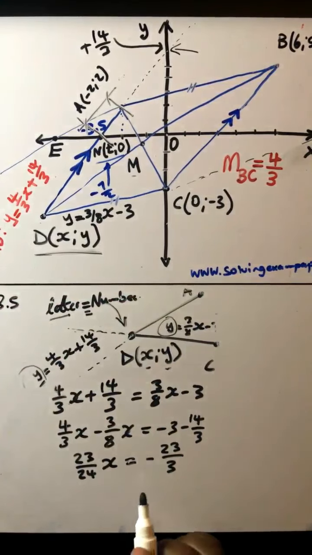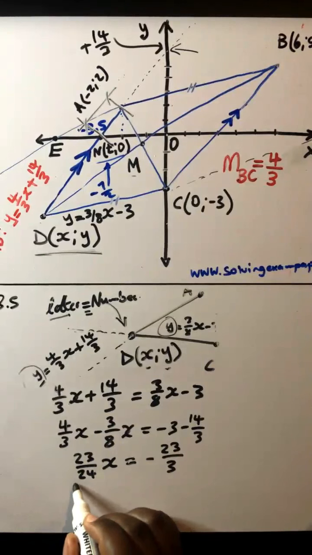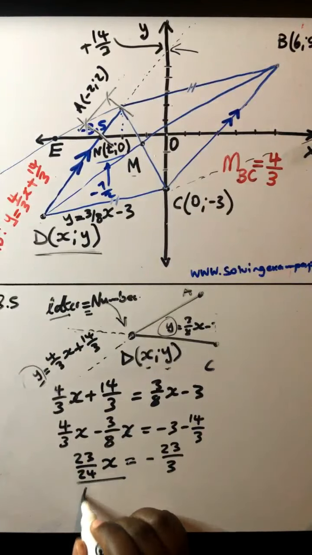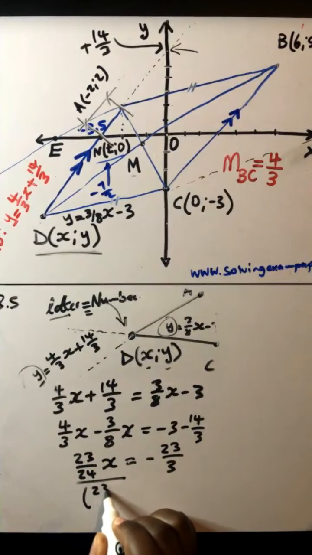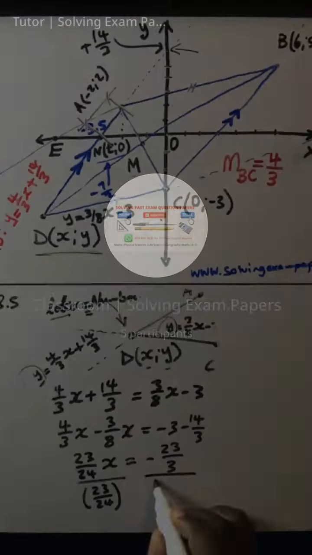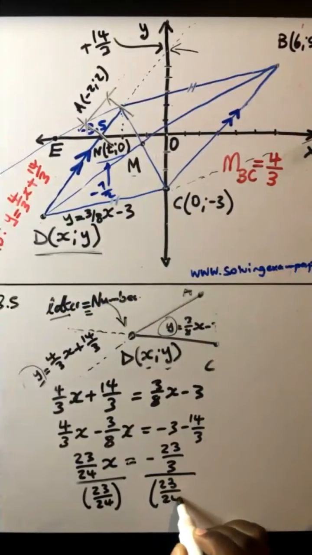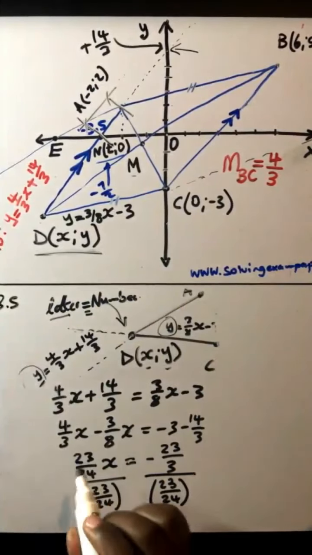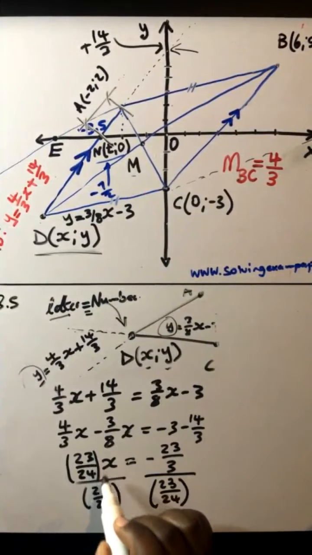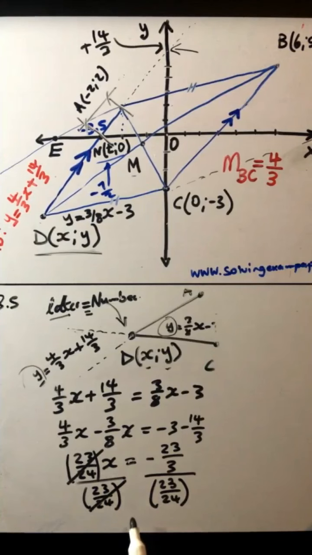Now you want to remove that, so let's divide both sides by 23 over 24. You are forced to also divide on this side by 23 over 24. Why do you divide by that? Because you want it to cancel so that you've got the x value.